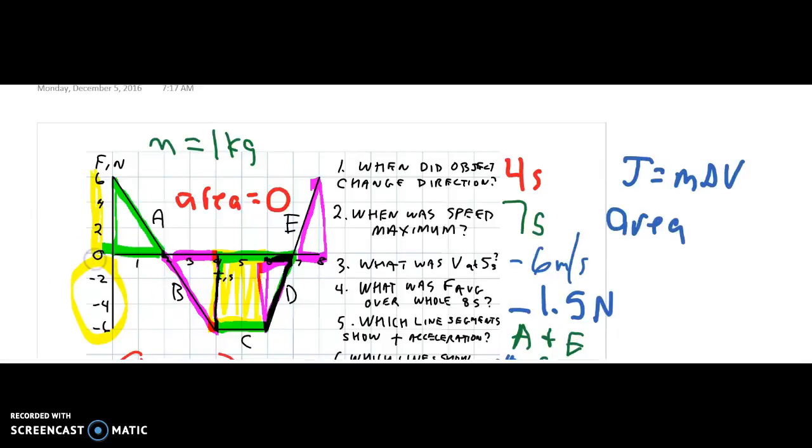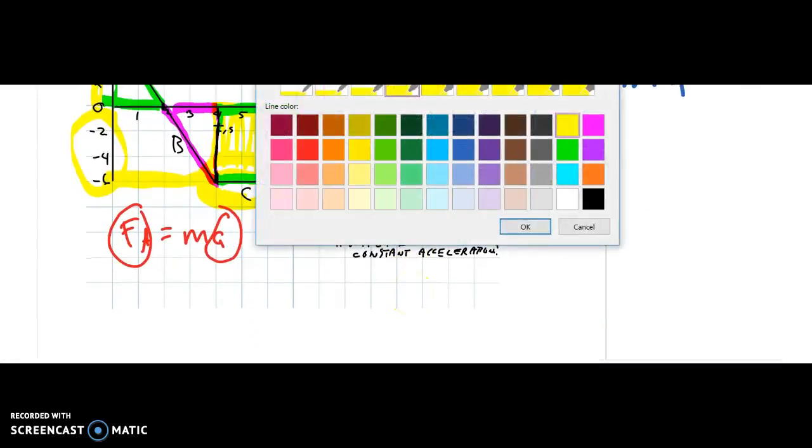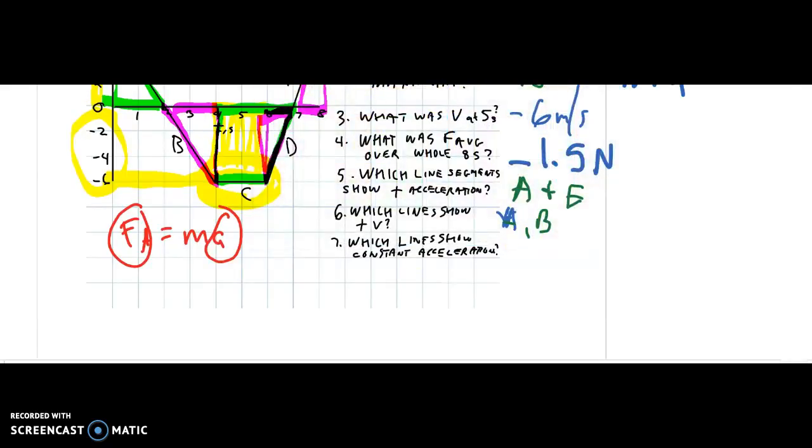Section B, also changing forces. Section C, right here, the force is always 6. So that is a constant force. So then that will give me a constant acceleration. And this will end up giving me only section C.